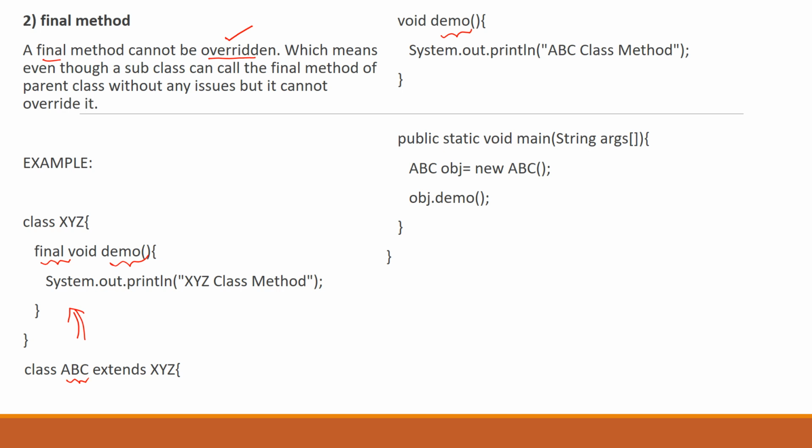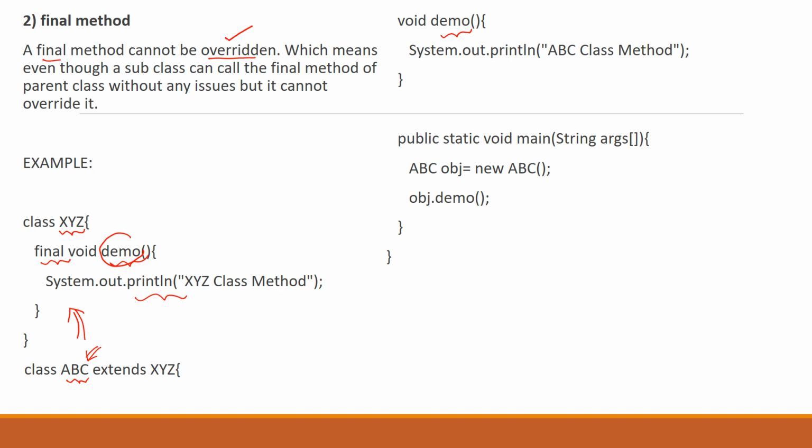So let us clearly explain the example. See here, you have a class created called xyz, and in this class you are declaring a final method called void demo. And in this you're giving some implementation, that is, print xyz class method. Then you're creating a child class called abc which extends the parent class xyz.